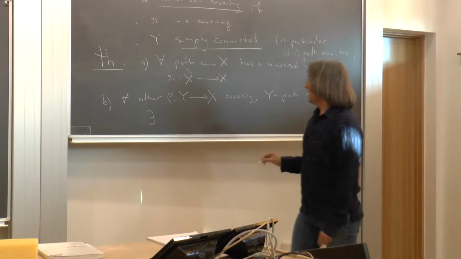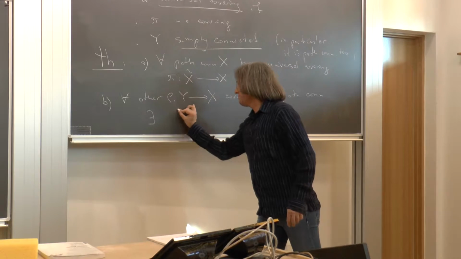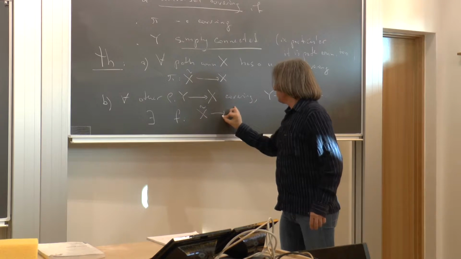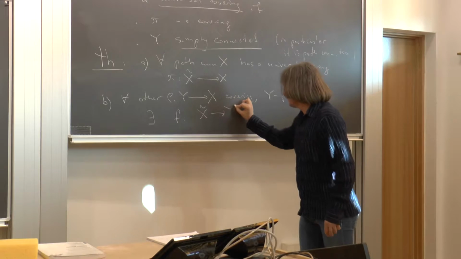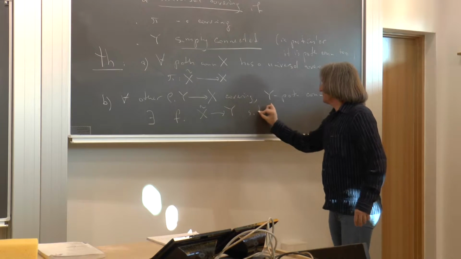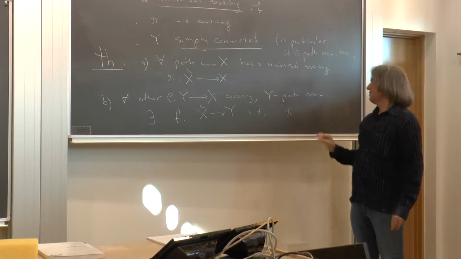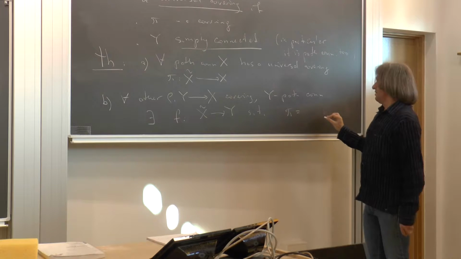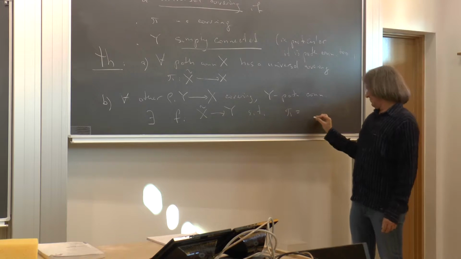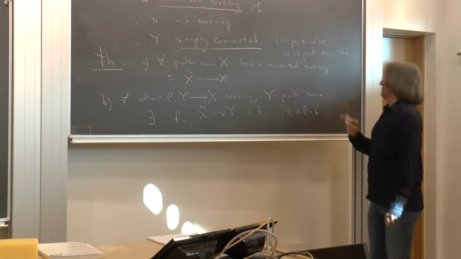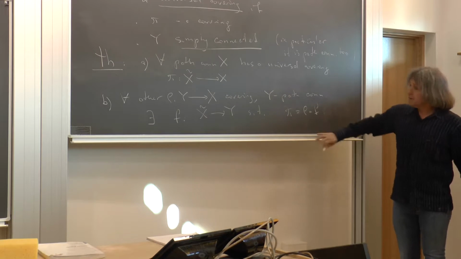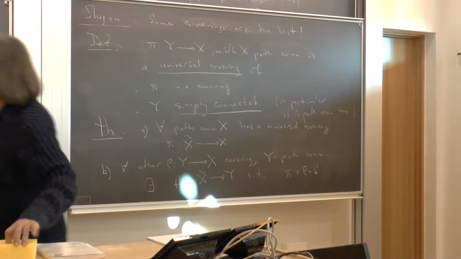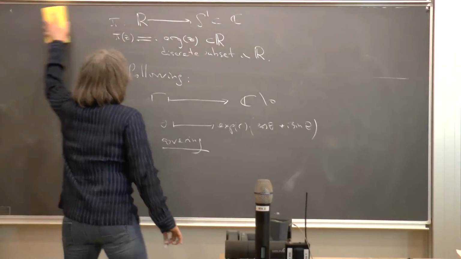There exists a map f from x tilde to y such that pi factors as rho composed with f. Okay. I'll illustrate this soon. So, first of all, let me draw this diagram.